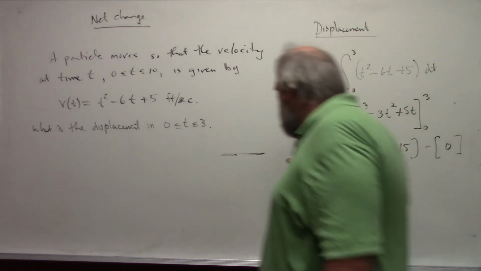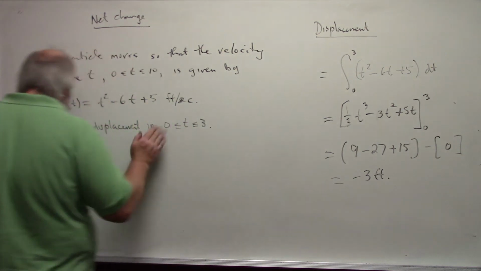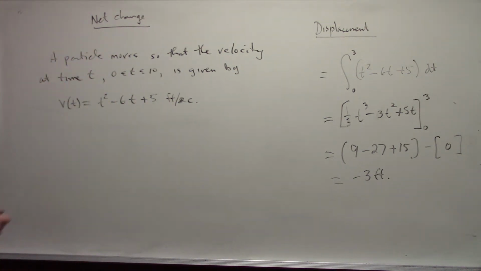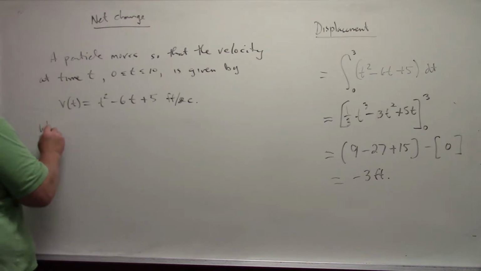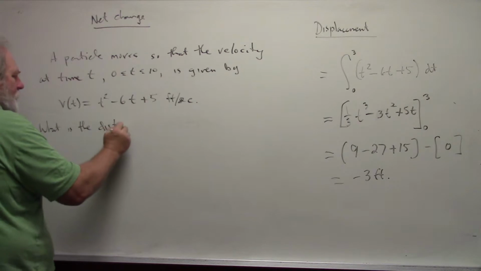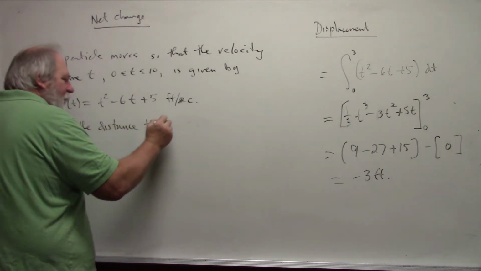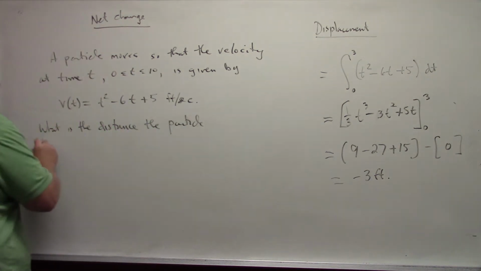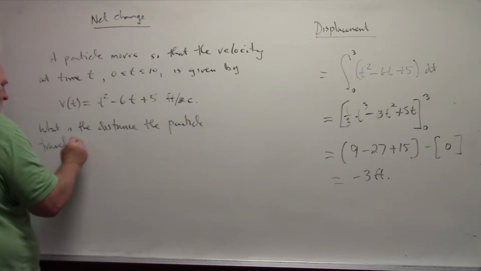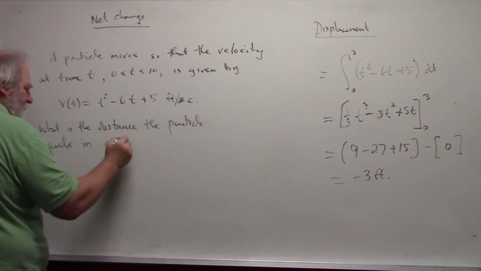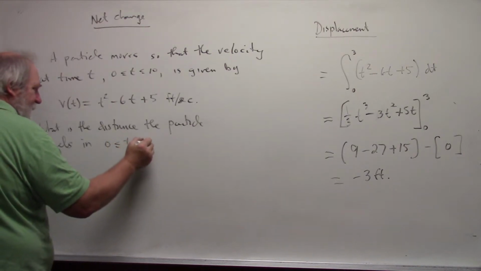Now, another question from the same problem here. So I'm going to erase this bottom part. And I want to know what is the distance the particle travels in the interval from 0 to 3 seconds.